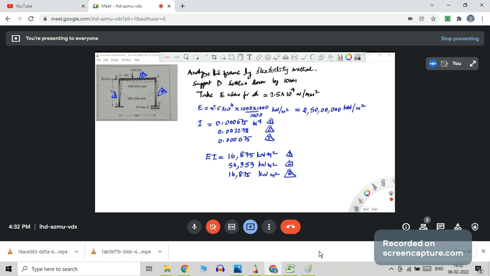In this particular problem, at support D it vertically settles down. So try to apply a redundant in the vertical direction at D. We know that we need to remove some redundants, so remove at least that redundant in that direction.